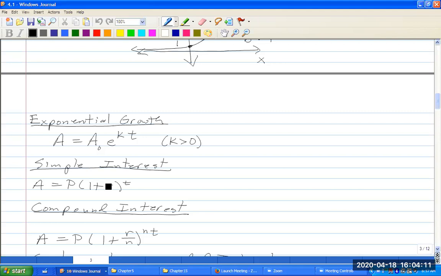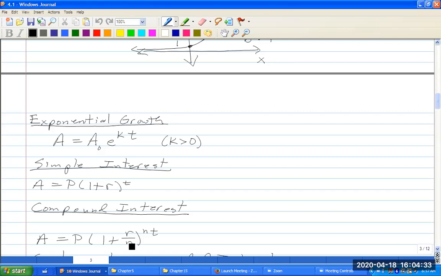Compound interest. Rather than giving your interest all at one time, at the end of one period, we will give you a portion of your interest divided up into equal subintervals of your period.